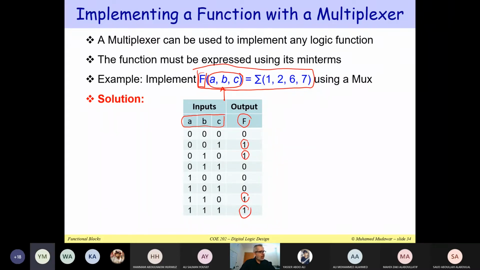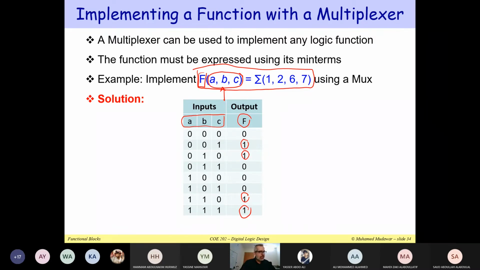Yasin, are you present? Yes, I'm here. Okay. So I really don't know. Who has an idea? Ali, do you have an idea about how to do this? I have more than one Ali. Ali Salman or Ali Muhammad, anyone? Yasser, do you have an idea how to implement this?